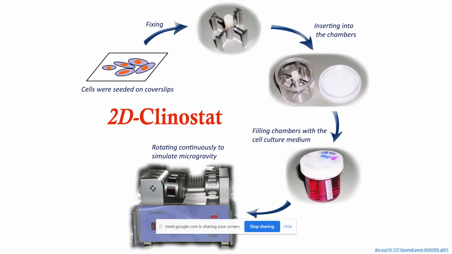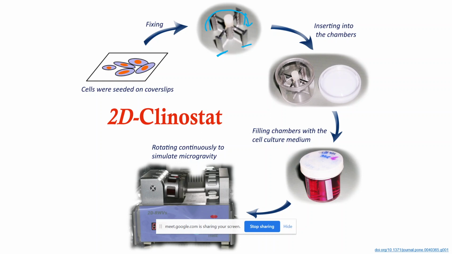And now this is a 2D clinostat, where your cells will be seeded or fixed on a cover slip, and this cover slip can then be added to the rotors or rotating blades which are present, and now this will rotate through the entire 360 degrees.